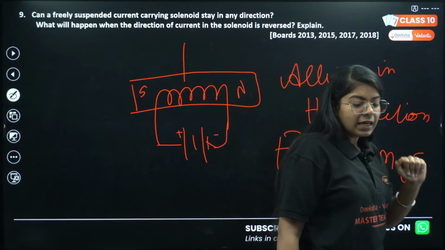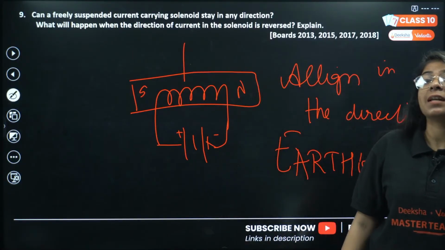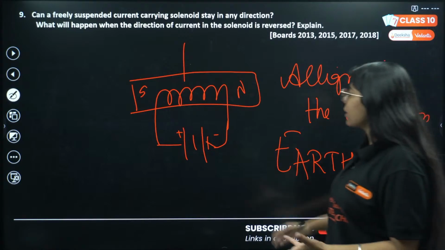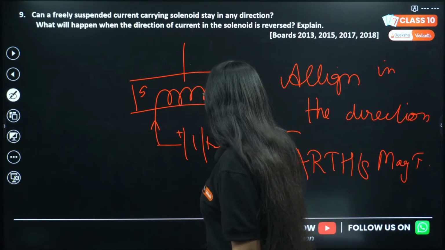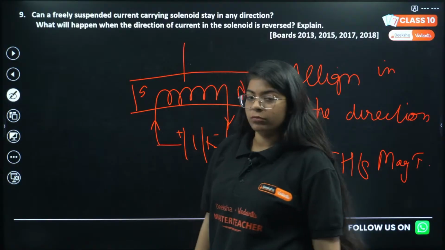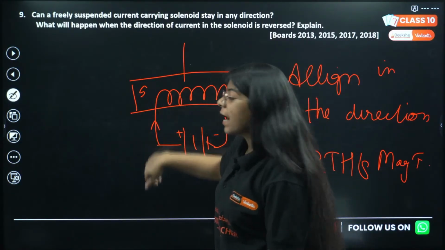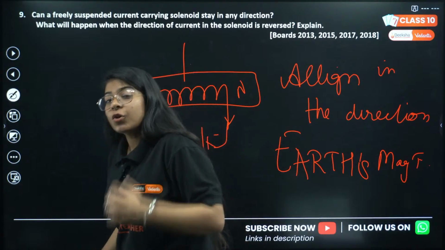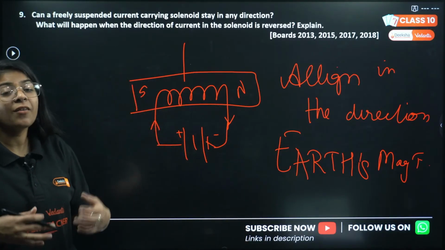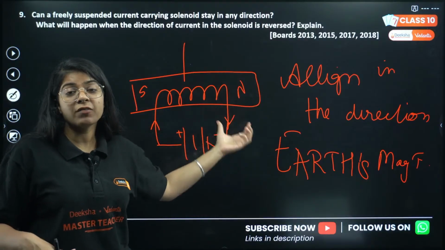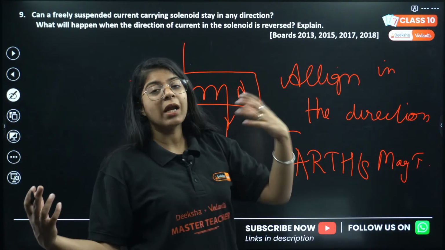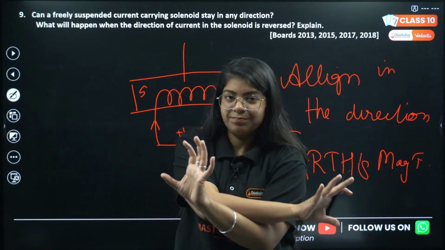If the direction of current in the solenoid is reversed, nothing, ma'am. If the current is going up, let's say, and the direction is reversed, we know that the polarity of this solenoid, the north pole and south pole, will switch, correct?